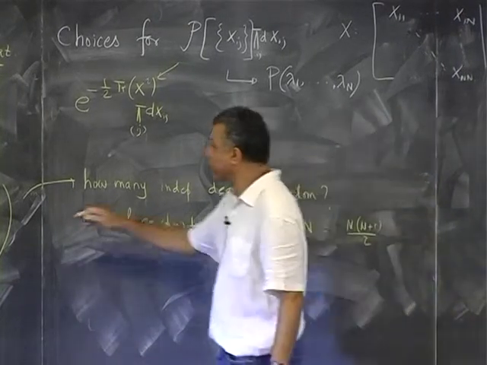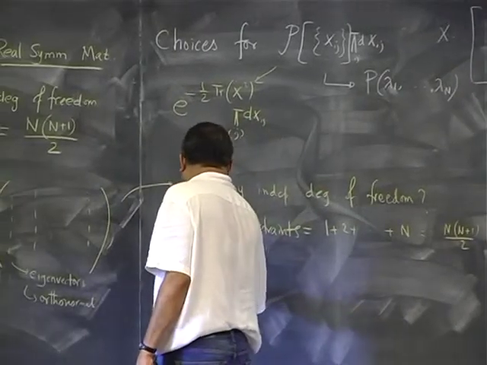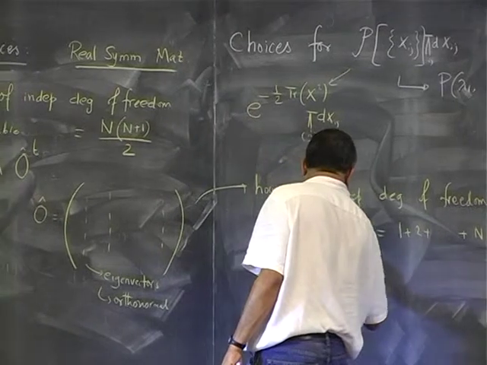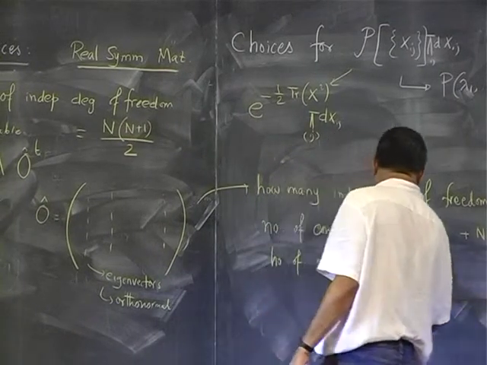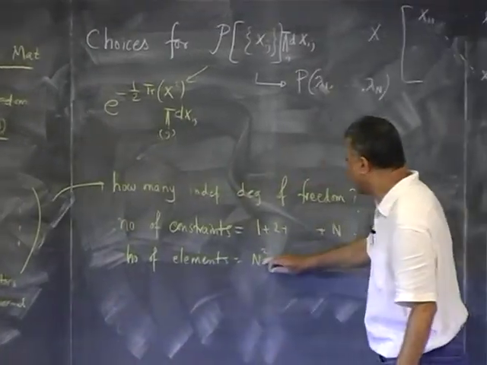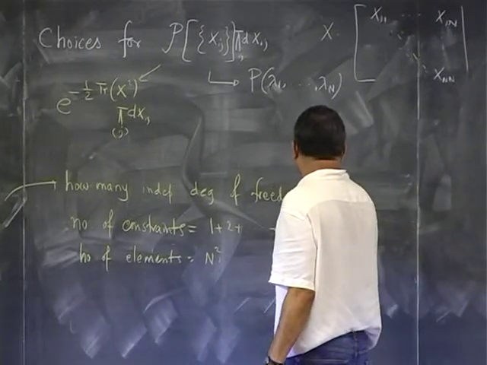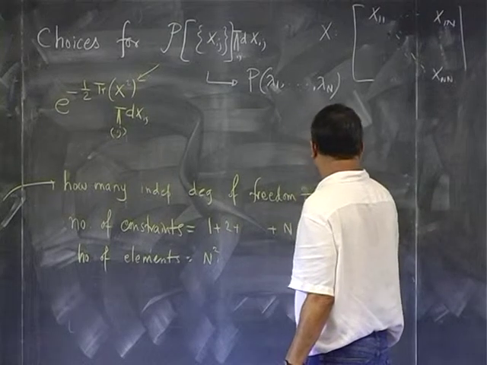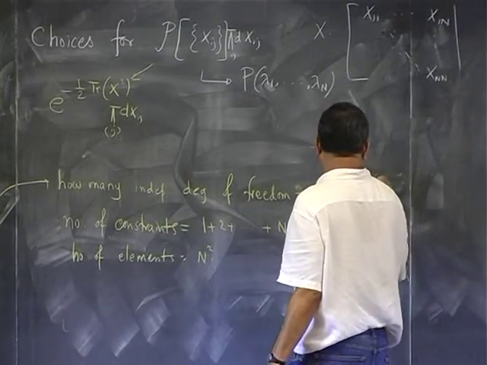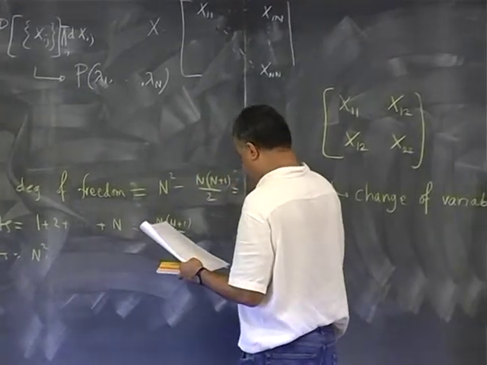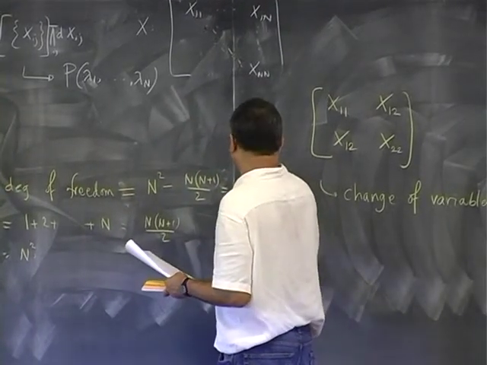And the total number of elements in this matrix is n squared. So n squared minus the number of constraints is the number of degrees of freedom. This is equal to n squared minus n into n plus 1 over 2, which is n into n minus 1 over 2.